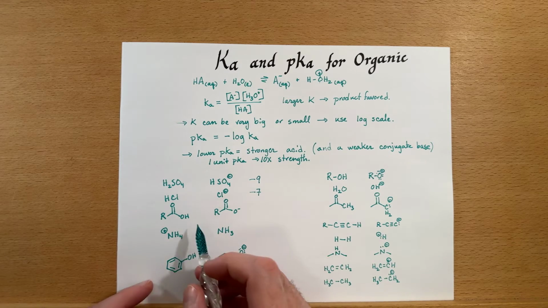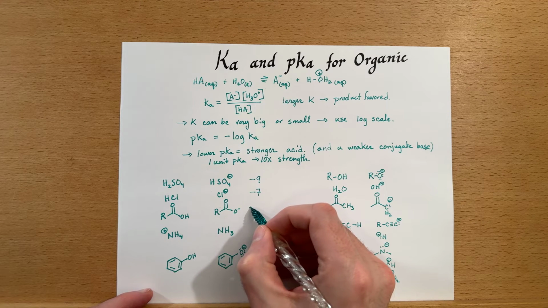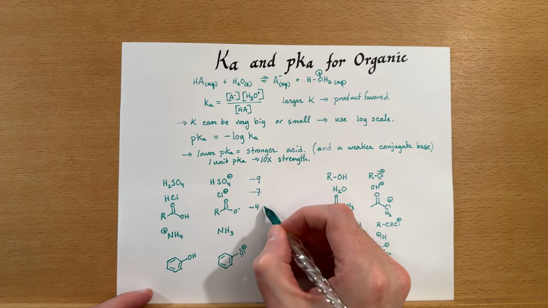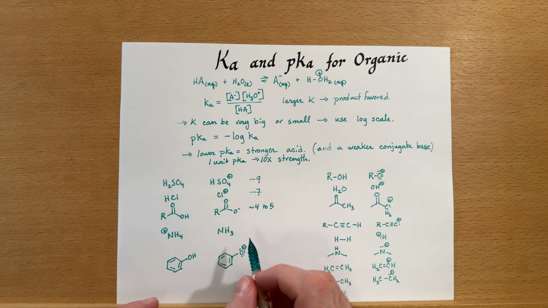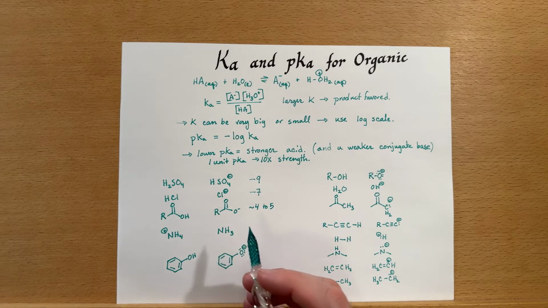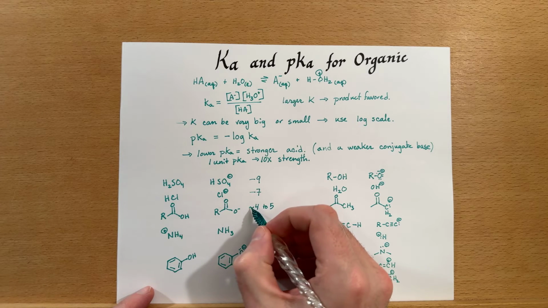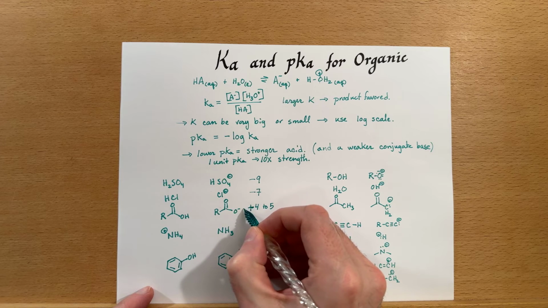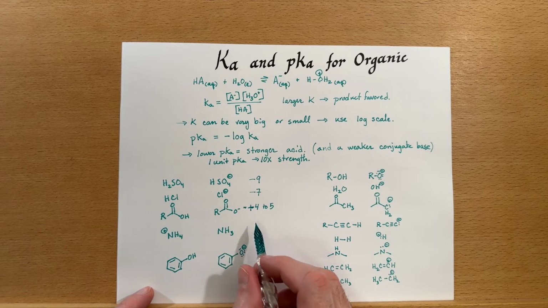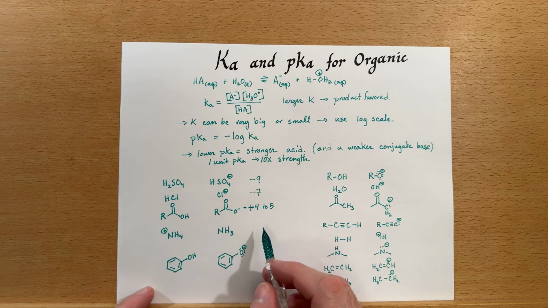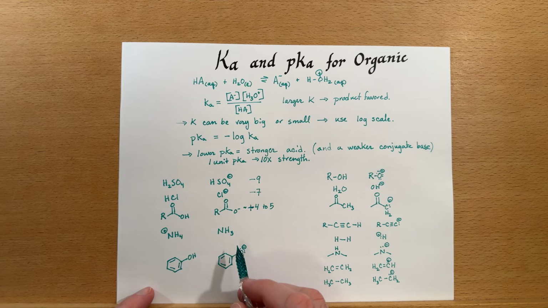But unless we're putting a lot of electronegative things over here, this will be approximately 4 to 5, somewhere in that kind of range. And this is +4, so I should say approximately +4, because I don't want that to look like a negative number, to +5. So these are much weaker than our strong acids.